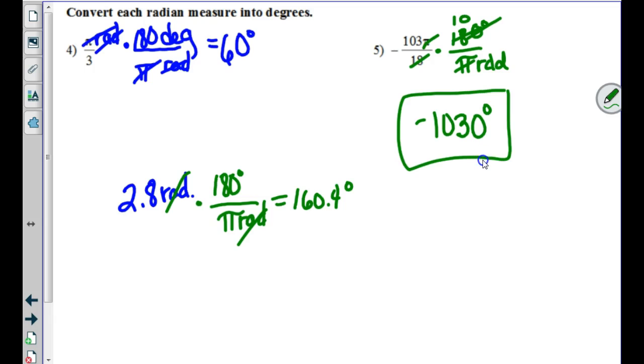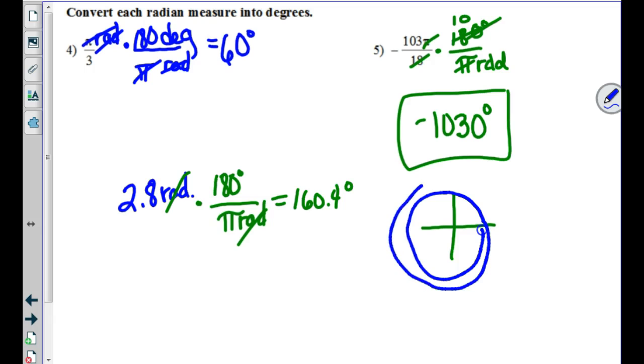We're going to talk in a second about coterminal. This is coterminal with something, means it ends in the same spot with a number that we would recognize more readily. So this went all the way around 360, and then another 360, which would be how much? 720. So if you add 720 to that, what do you get? 310?